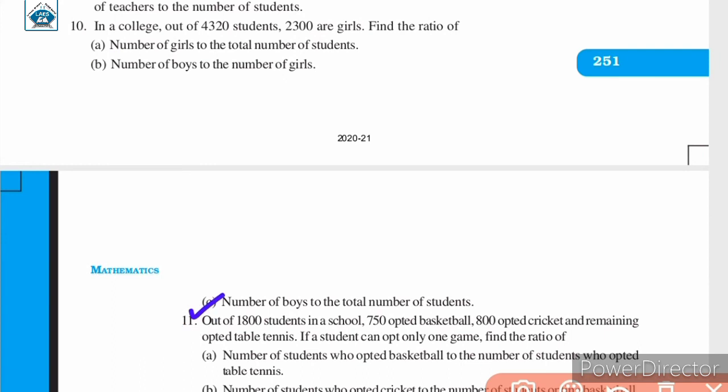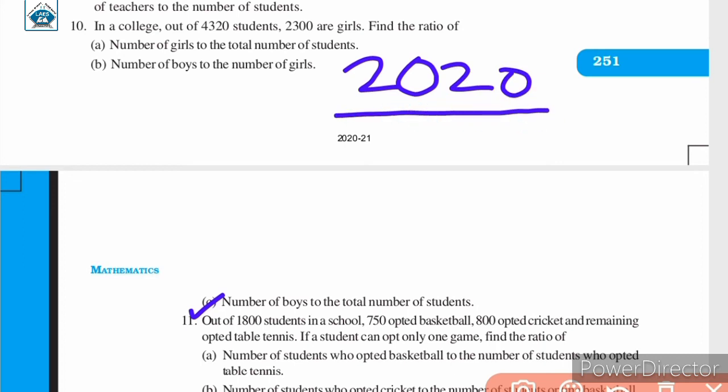C. Number of boys to the total number of students. So in the last part you are asked to find the ratio of the number of boys to the total number of students. Now this will be equal to number of boys upon total number of students. So number of boys is 2,020 and total number of students is equal to 4,320.